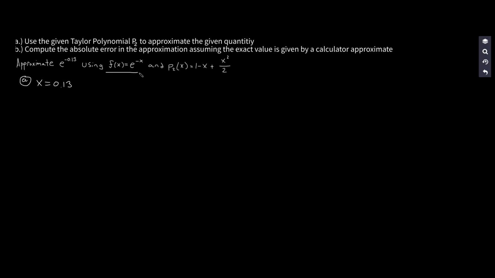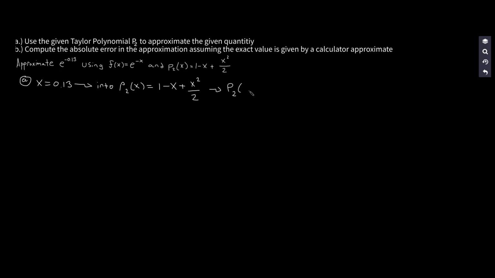Now that said, we're going to substitute x equals 0.13 into p sub 2 of x, which is equal to 1 minus x plus x squared over 2. And it's going to look something like this, I think.